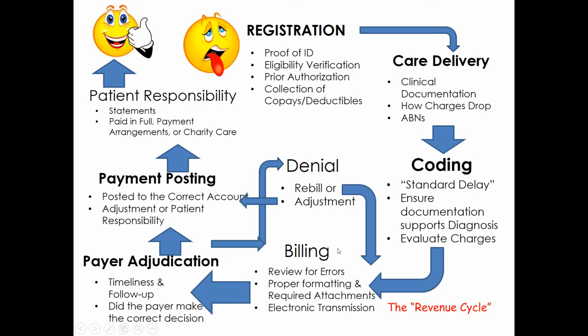We just unfortunately have these relationships with the insurance company, and sometimes we have to go back and fix those claims or help them understand why it's important that they pay. And then the rest of this isn't represented on the face of the claim, but good payment posting impacts your job.